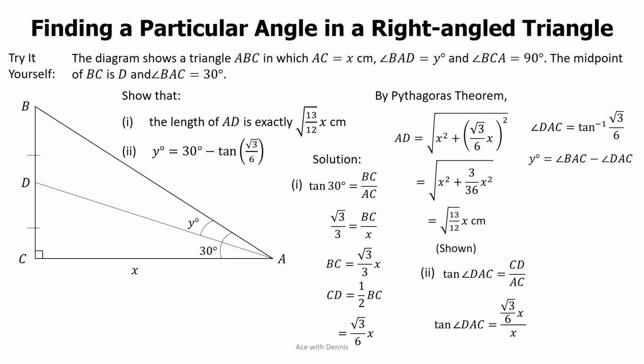Now the angle y will equal angle BAC minus angle DAC. BAC is 30 degrees, and DAC is inverse tangent of root 3 over 6. Comparing with the answer they want me to prove, it is the same. So I have shown the angle y is 30 degrees minus inverse tangent of root 3 over 6. Alright, so did you get the answer correctly?